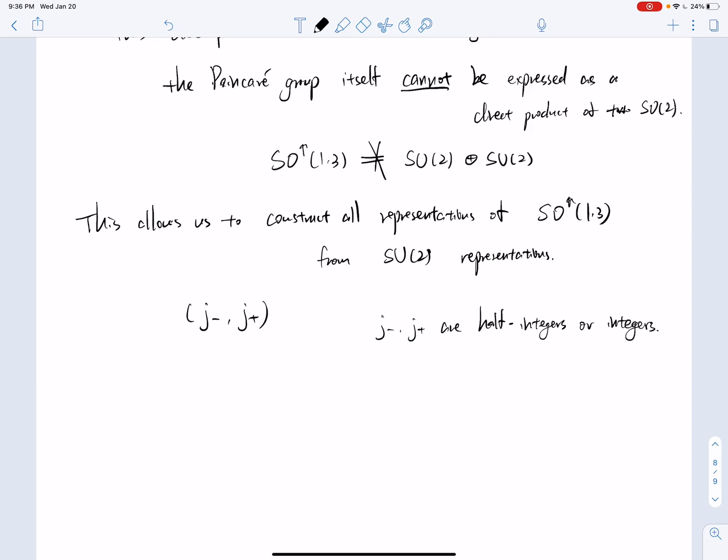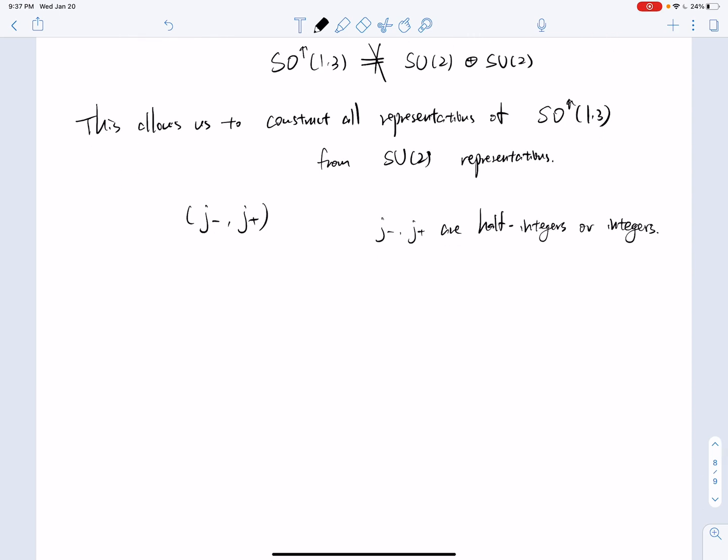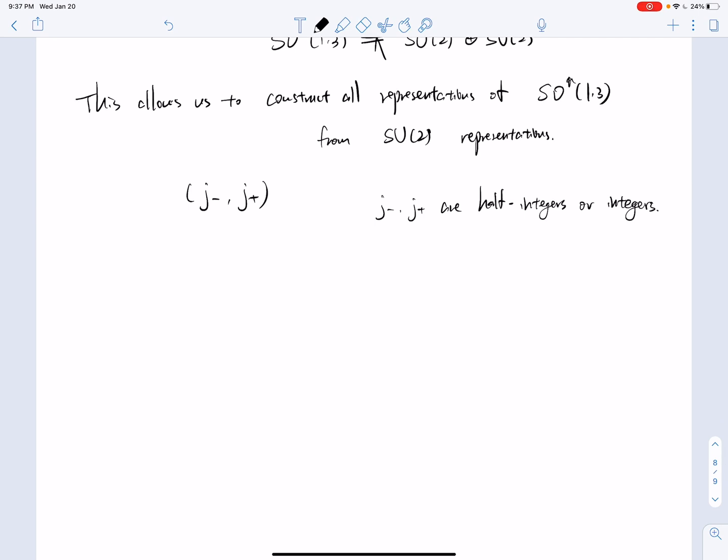And this gives us very interesting and profound consequences. And now I'm going to show you an example. The example is that it actually can label particles, and the numbers, the J plus and J minus, are related to the dimensions of the particle, and are intimately related to how we treat them, for example, in quantum field theory.